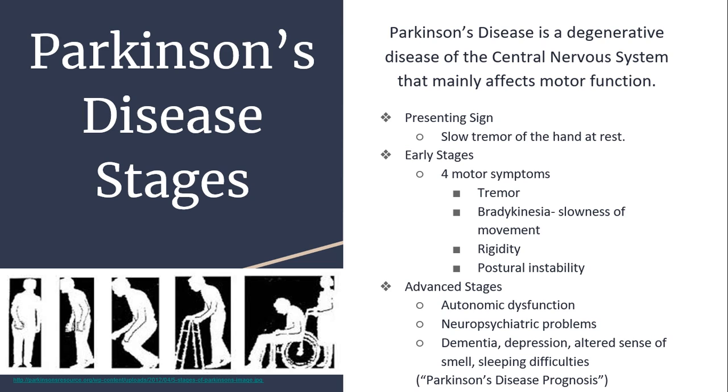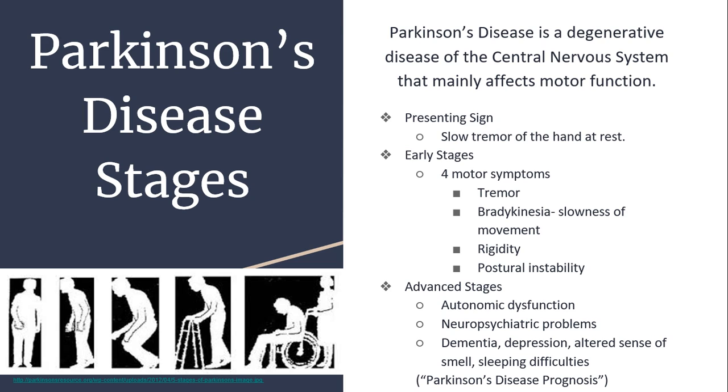Usually when a patient is first starting to show the symptoms of Parkinson's disease, it starts with a slow tremor of the hand at rest. This tremor in the early stages is stopped when the patient starts to use their hand or is in a deep sleep. The early stages show 4 key symptoms: a tremor, bradykinesia, which is a slowness of movement, rigidity, and instability of their posture when they're sitting or standing.